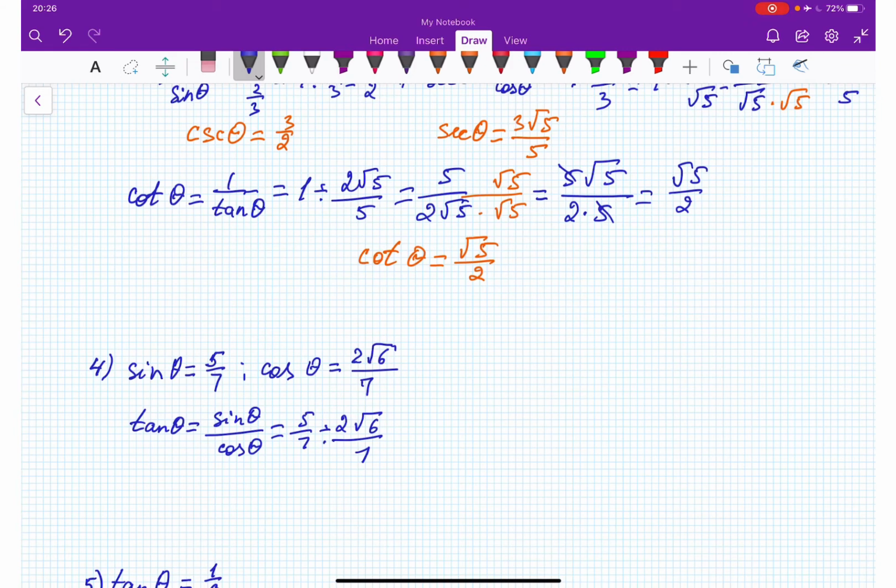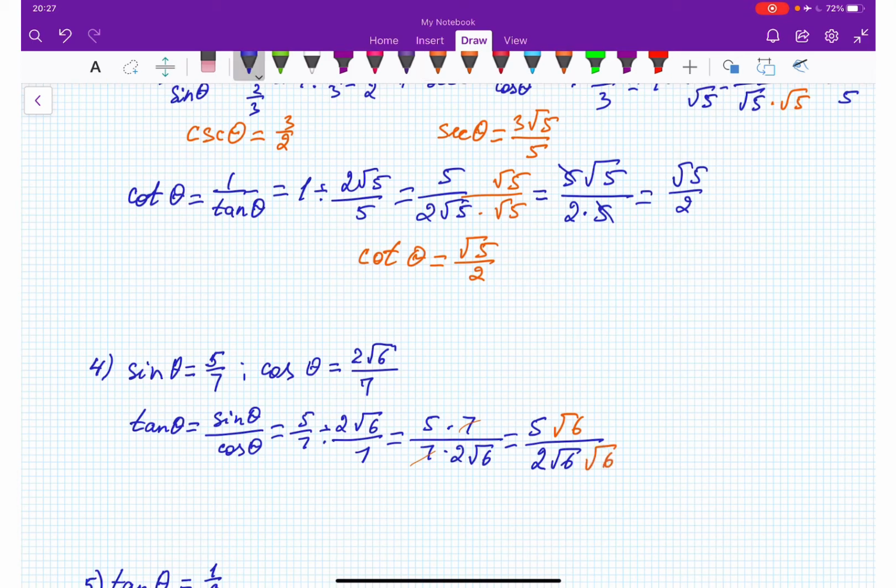Okay, so it's going to be 5 over 7 times 7 comes here, 2 square root 6 here. So 7 and 7 are gone. And we are getting 5. I'm rationalizing right away. Square root of 6 here. At the bottom I have 2 times square root 6 and square root 6.